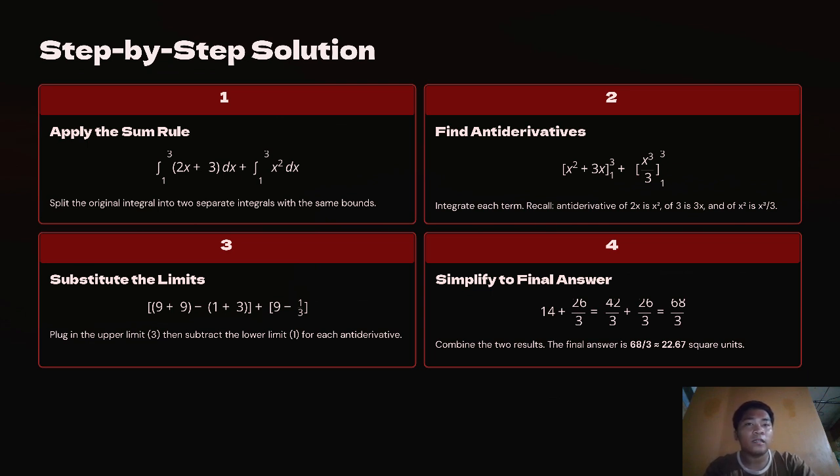Finally, we simplify the result after combining all terms. We arrive at the final answer, 68 over 3, or approximately 22.67 square units. This method shows how breaking down a problem using the sum rule makes integration more manageable and efficient.